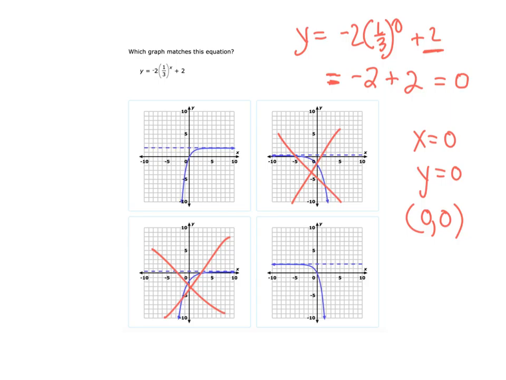Unfortunately, with the negative coefficient of A, it actually causes the graph to flip. So the graph should be one that shows decay over time, but it's actually going to be turned upside down, which means that our answer is going to be this one right here.